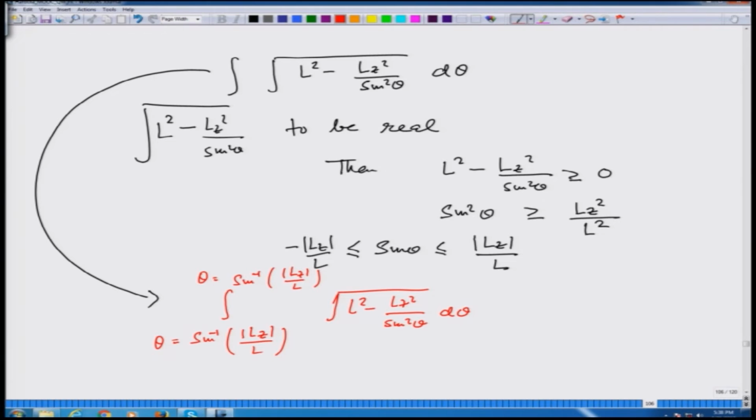Again, we are not going into how this integral is calculated, but its value, after you perform the integral, comes out to be 2 pi times L minus mod Lz.